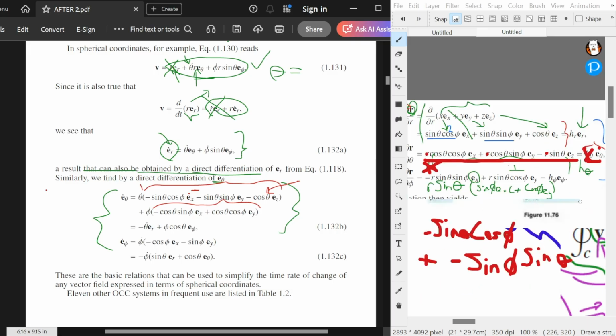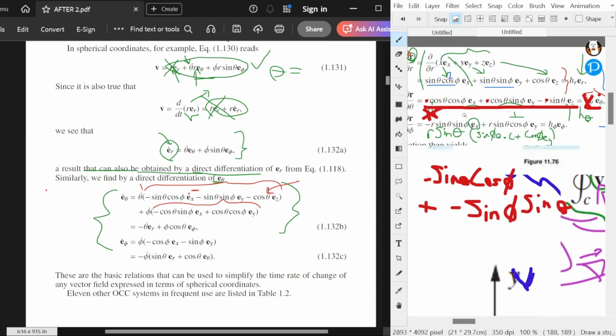Let's do it, I guess. EX dot multiply by the normal stuff, cos theta cos phi. Now you add the differential of this, which is this here. You multiply that by EX, voila.